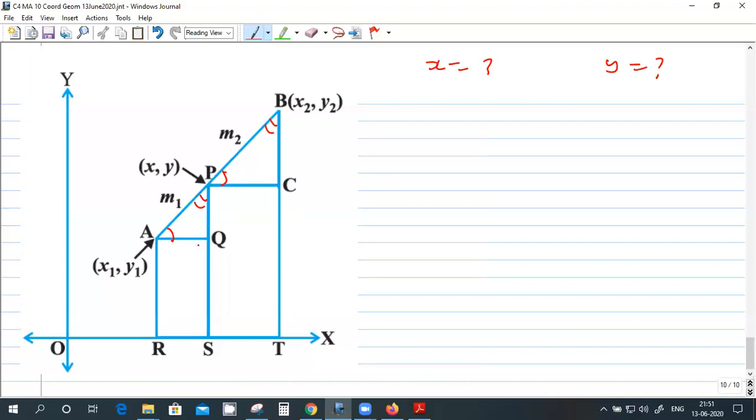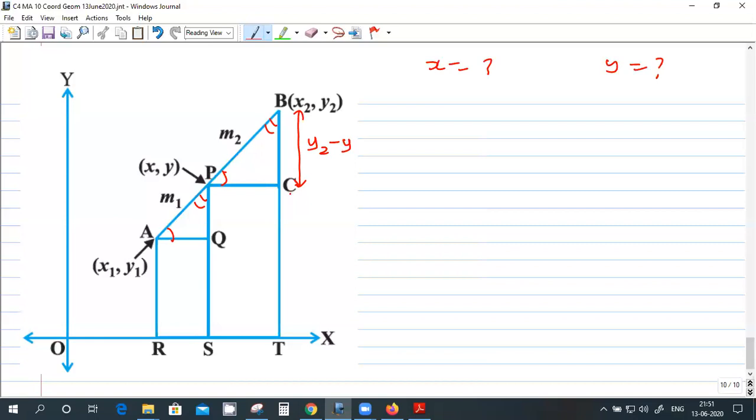From that, what can you say? How much is this length in terms of coordinates? BC in terms of coordinates is y2 minus y.